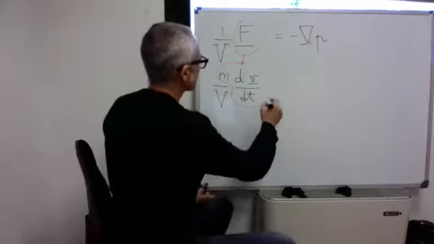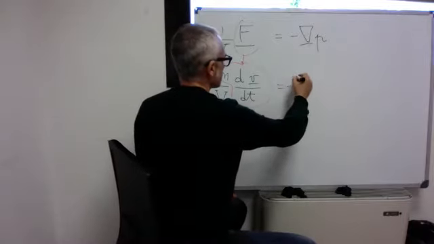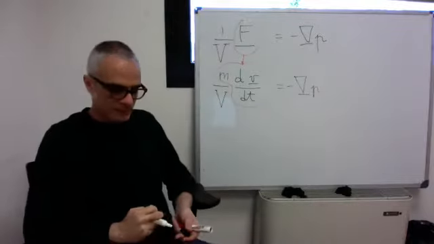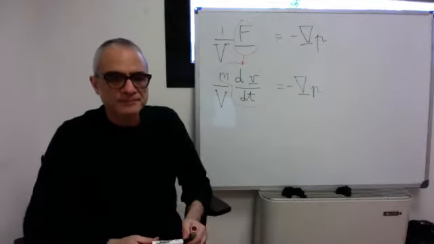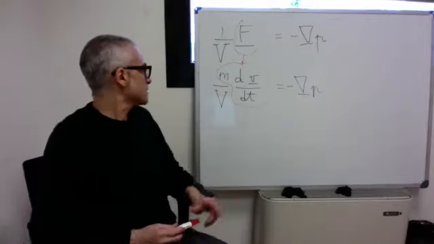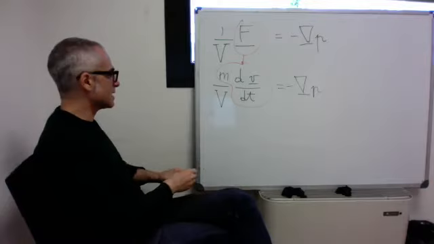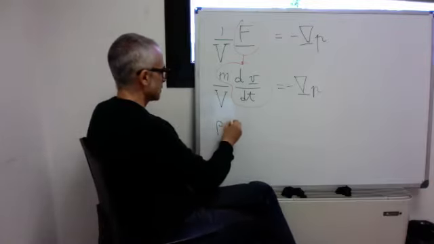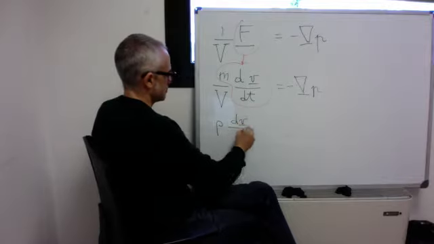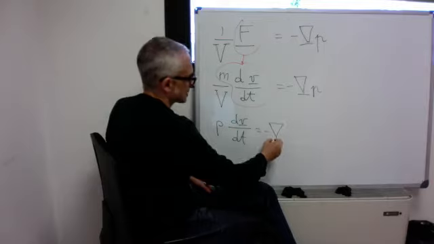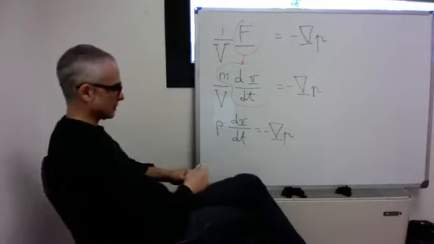So that coincides again with the gradient of the pressure. And of course, the ratio of mass over volume is density. So we can rewrite this equation in a slightly simpler form like that.